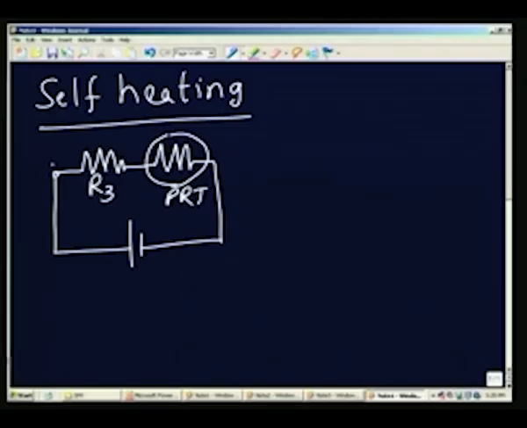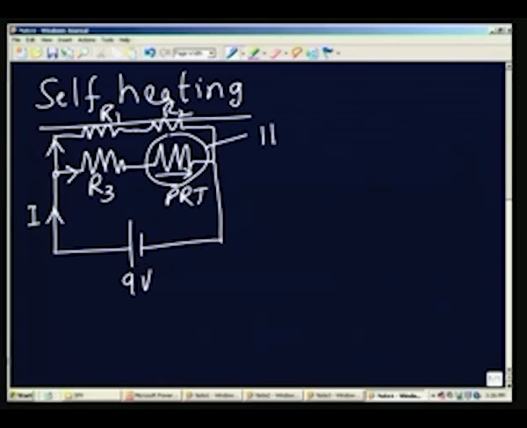Of course, there is one more limb in which there are the other two resistances R1 and R2, and this was 9 volts or whatever some voltage. So, a certain current is flowing through that. Of course, this current is now shared between the other limb and this limb. Some current goes through this and some current is going through that, and because this current is flowing through this, heat is generated.